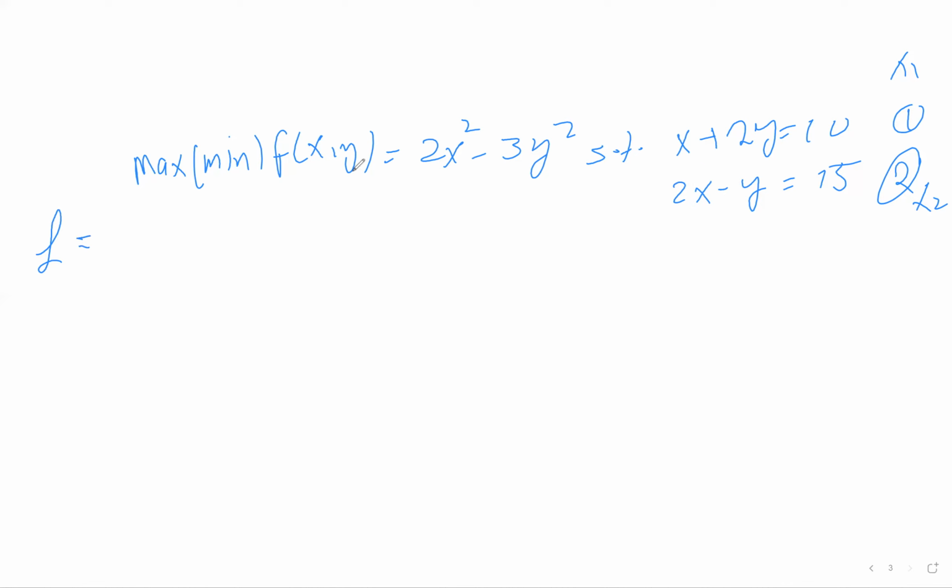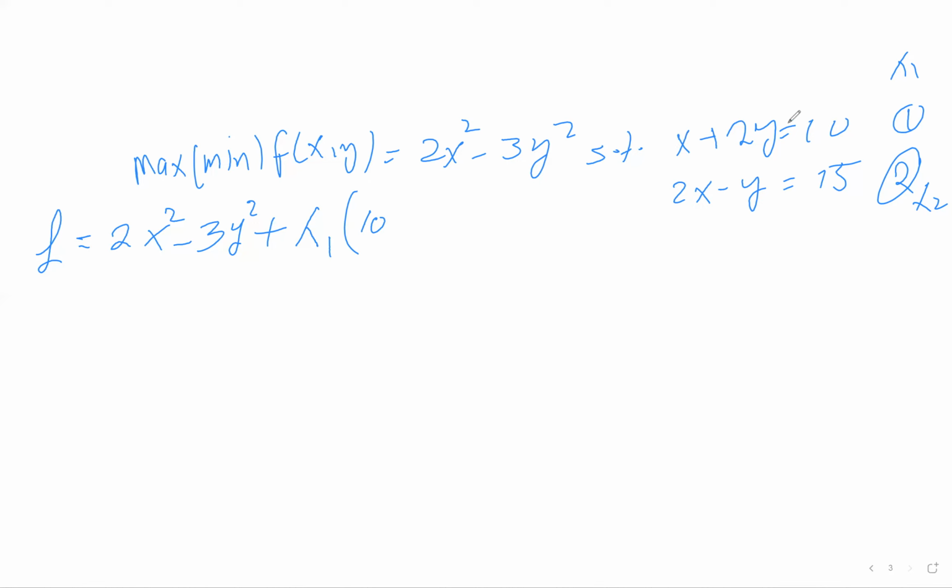The way you do it is the objective function, which is 2x squared minus 3y squared, plus lambda 1, which is the multiplier. And we rearrange this to look like 10, and take x and 2y to the other side of the equality.